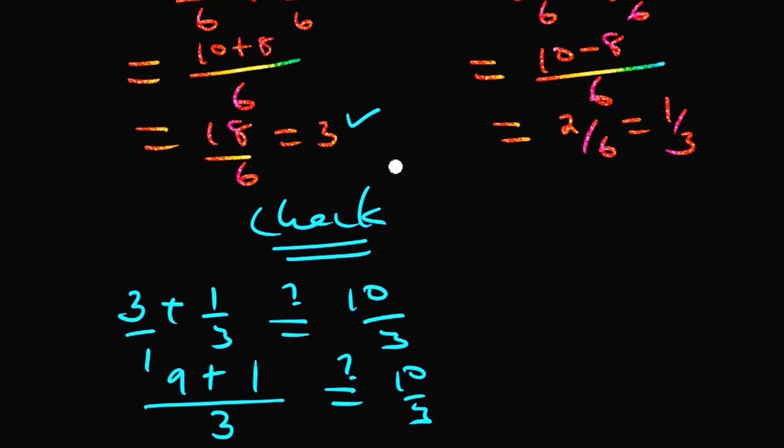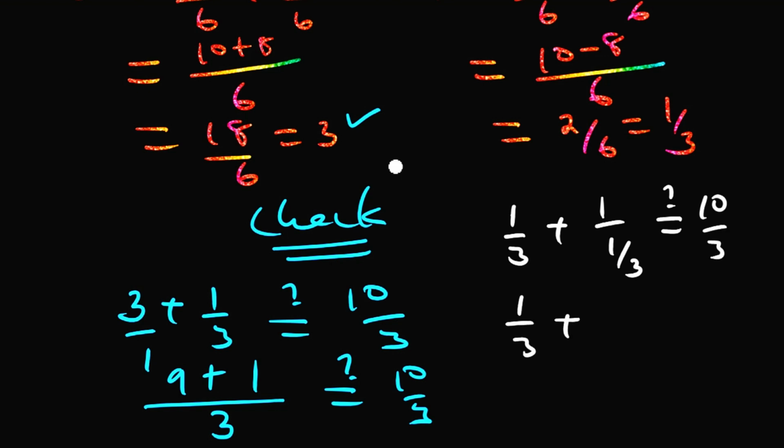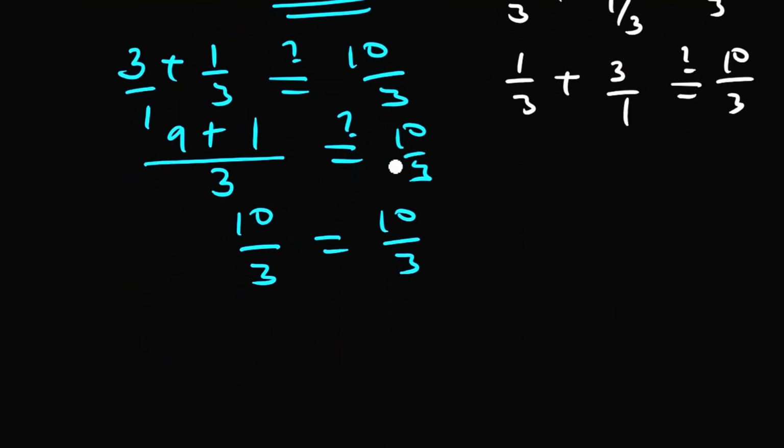So you can also check the second solution, that is a third. So we'll take x, which is a third, plus 1 over x, that is 1 over a third, and we check if that is equal to 10 over 3. So that is a third plus the reciprocal of this, that is 3 over 1, and we check if that equals 10 over 3. So we can take the LCM of the two numbers.